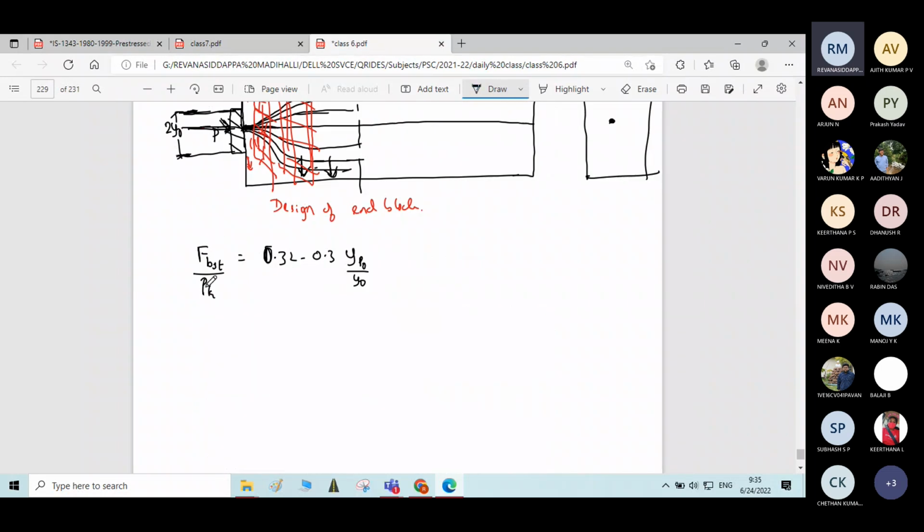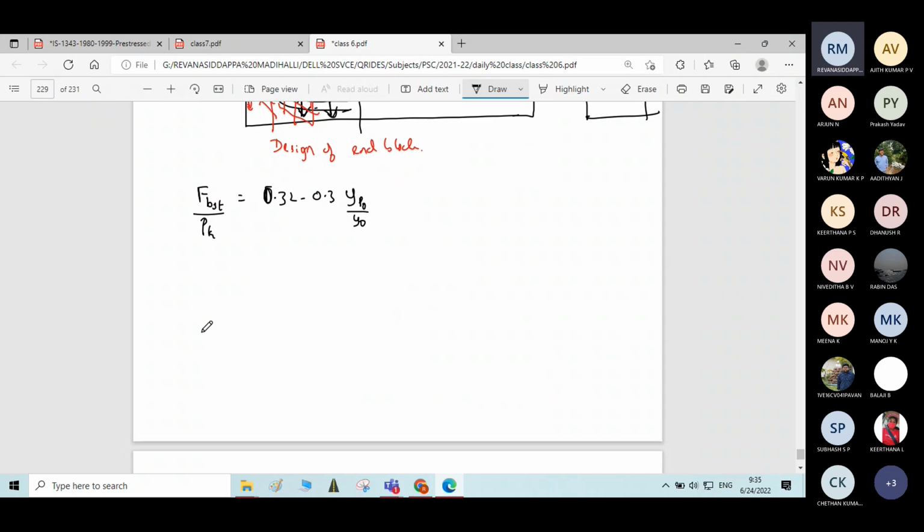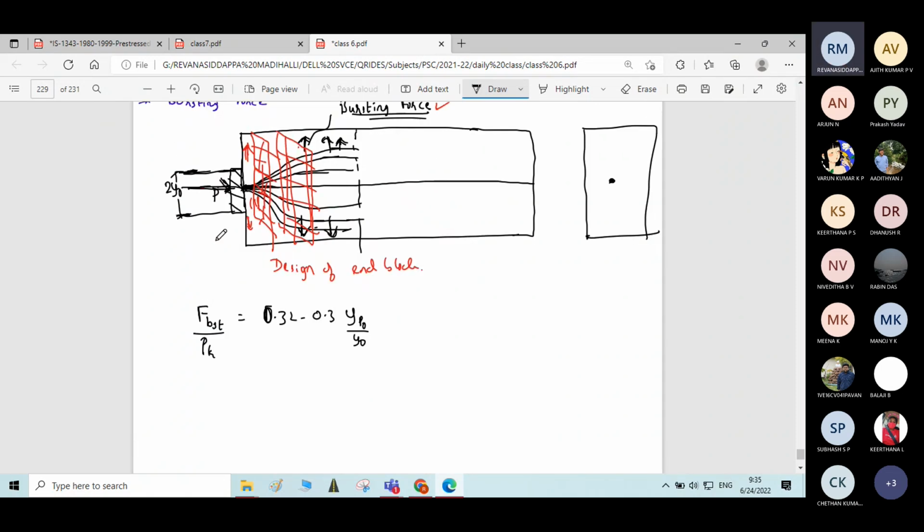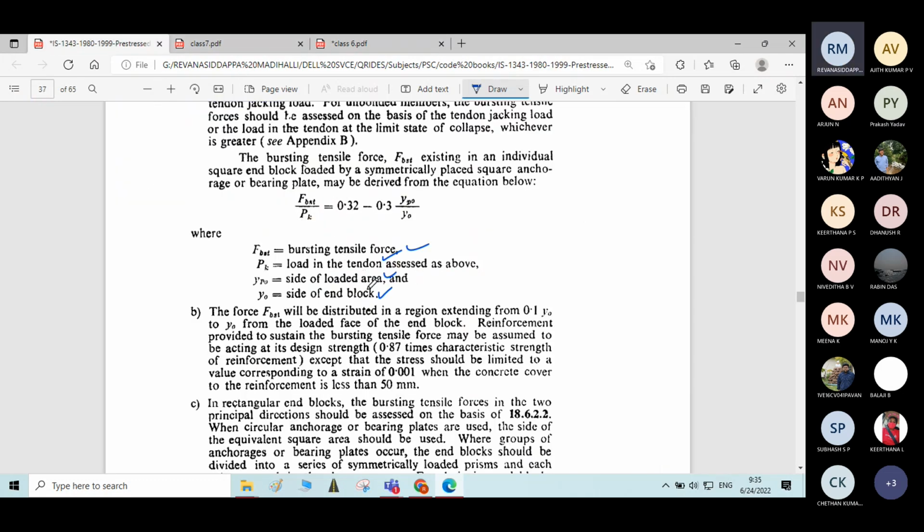This yp naught is nothing but the depth of the plate. Sorry, it is 2 yp naught, the side of the loaded area.